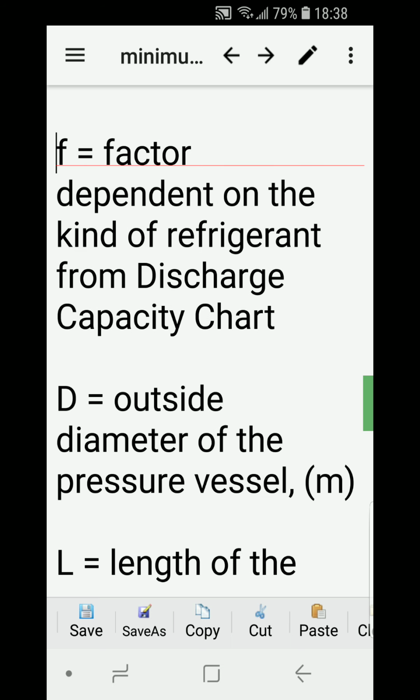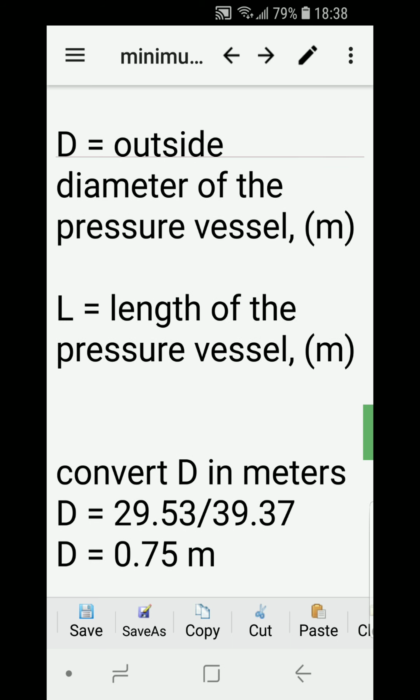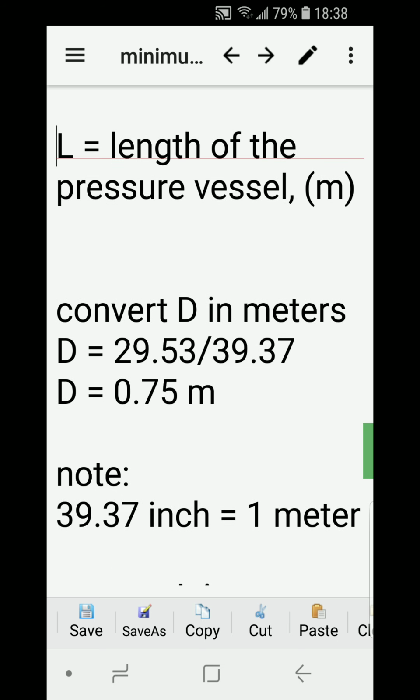F is the factor dependent on the kind of refrigerant from the discharge capacity chart. D is the outside diameter of the pressure vessel in meters. L is the length of the pressure vessel in meters.